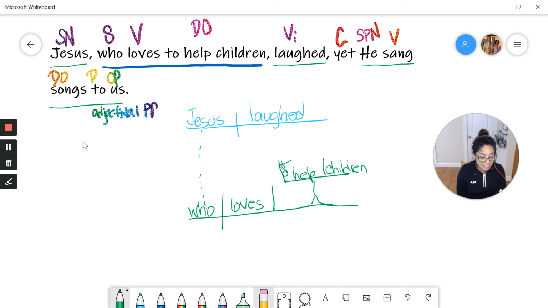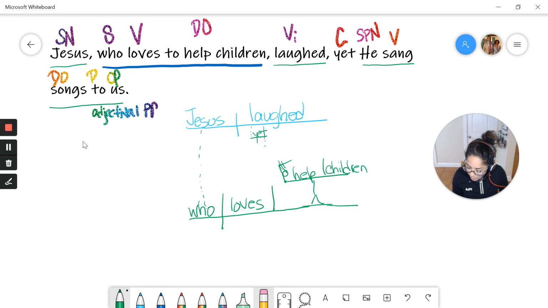Now we have to get, yet he sang songs for us. And that has to come off of laughed. And I kind of made a mess, so probably should have put who loves to help children lower, but I'm just going to squeeze this in. So when we diagram our second independent clause, it comes off the verb, and we're going to make our little step stool here, and we're going to put yet here, and then he sang songs to us.